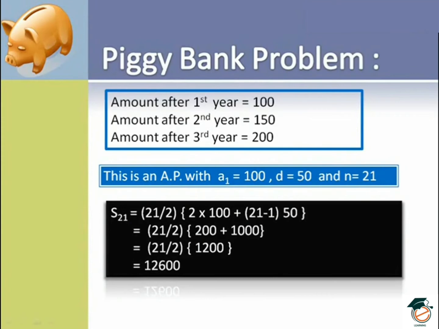So simply substitute the values of a, d and n into the formula to get this expression. This further becomes 21 by 2 into (200 plus 1000), which becomes 1200, and so the sum after 21 years is equal to 12,600 rupees. So simply, the amount in the piggy bank after 21 years would be 12,600.